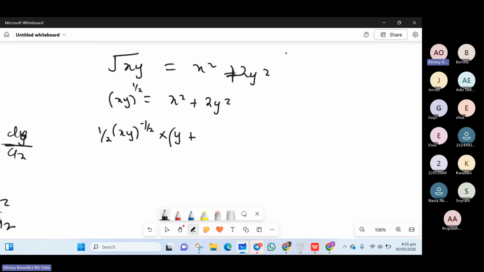So this plus the original x here times the derivative of y, which was dy on dx. Right. So this is equal to 2x. You don't bring the dx on dx because you are differentiating with respect to x, and that thing cancels out, right? So plus 4y dy on dx.